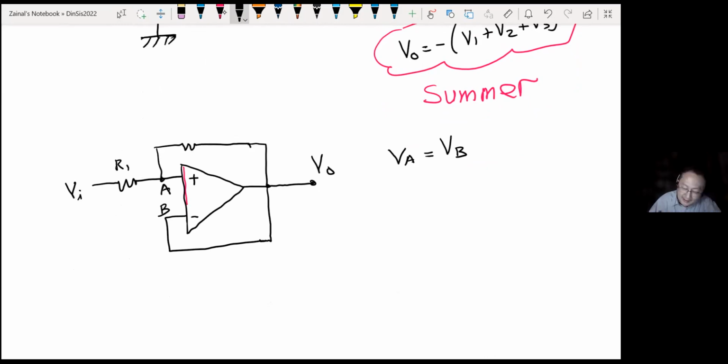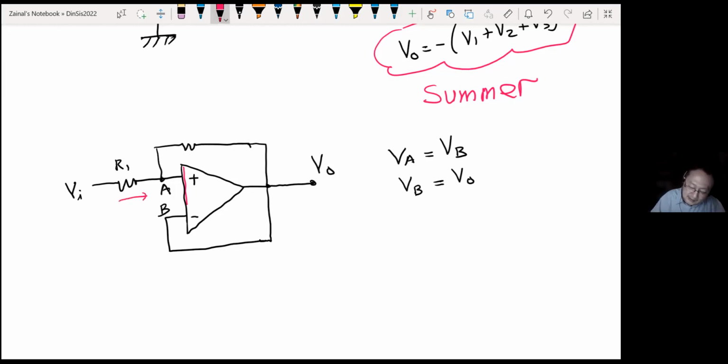And look, VI, VB is equal to VI is equal to VB, right? And VB is equal to VO. So what you can do, VI minus VA, divided by R1, will be the same with I2.